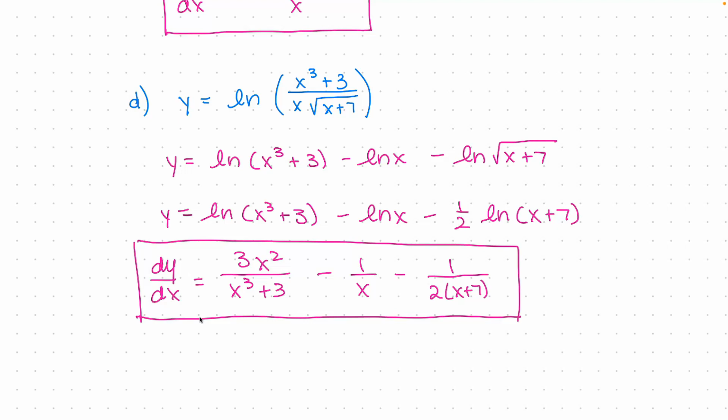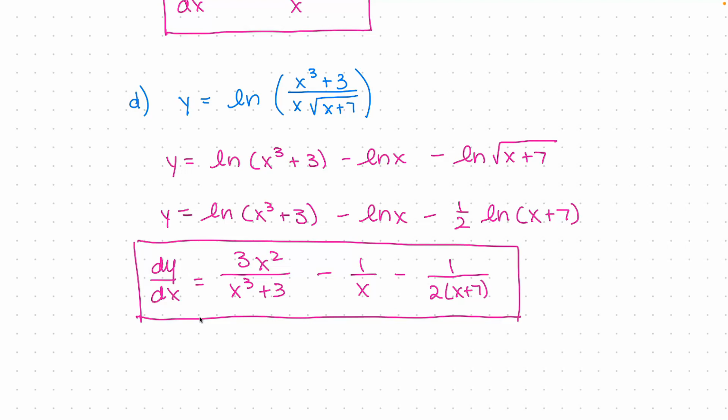So if you expand it, you should get here. And then it's each term, 1 over the argument times the derivative of the argument. Minus, that's just 1 over x. And this guy, we do have the 1/2, so I put the 2 in the denominator already.